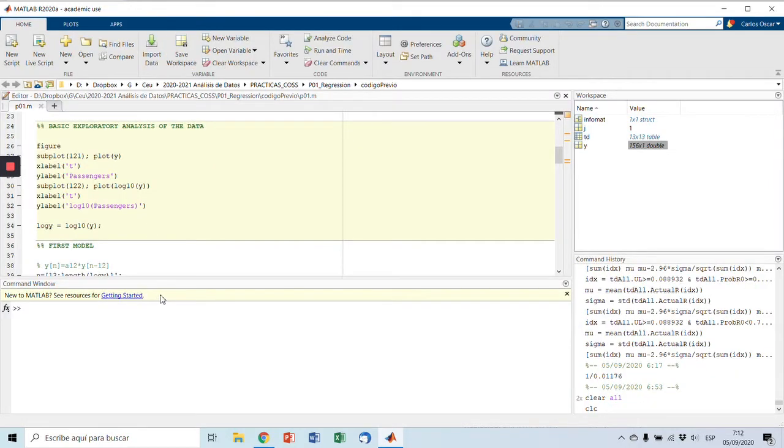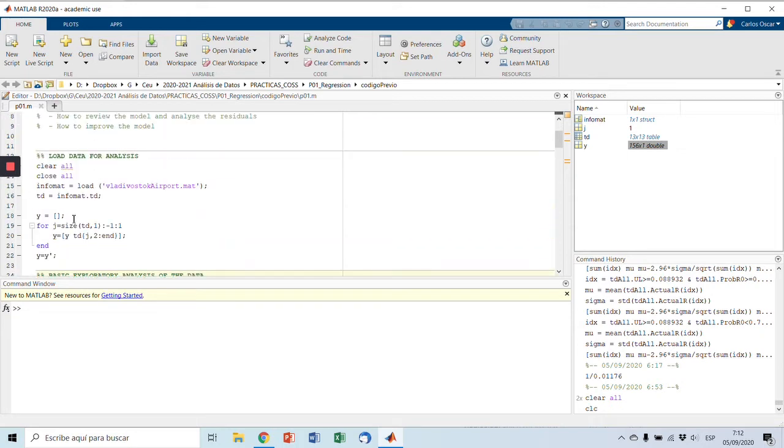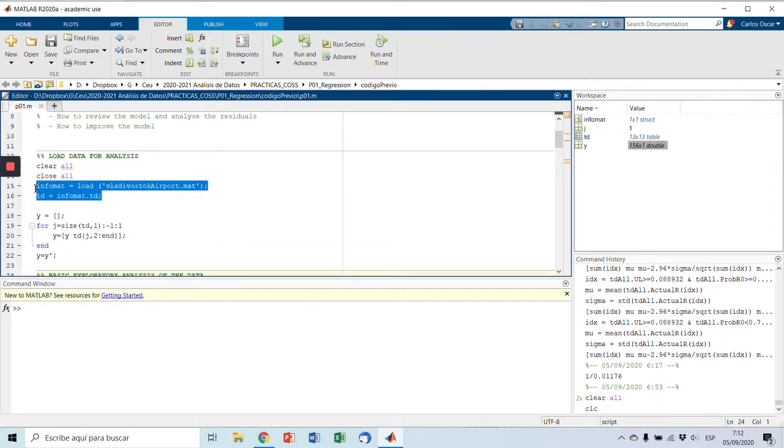To do that, first you load the data, and then you define an empty vector, and you traverse the table in the right order. So you go from the last rows to the first rows, and then within the rows you take the full row.